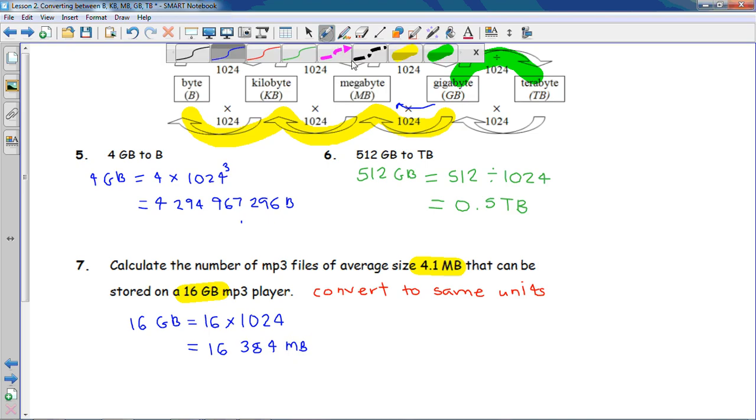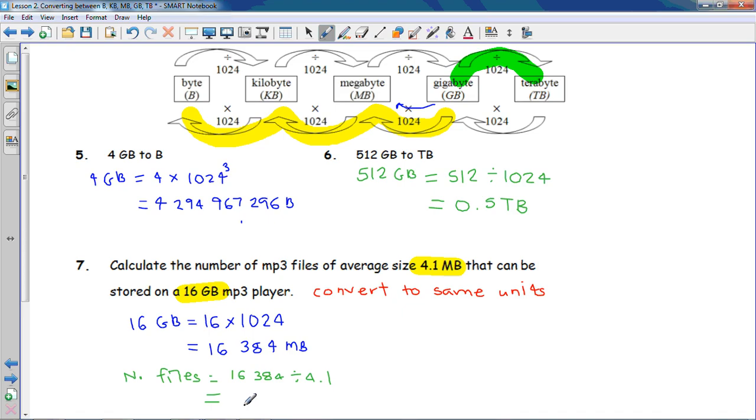Therefore, how many 4.1s can we fit into 16,384? In this case, they've talked about files, so we need to use that terminology. Number of files equals 16,384 divided by 4.1.